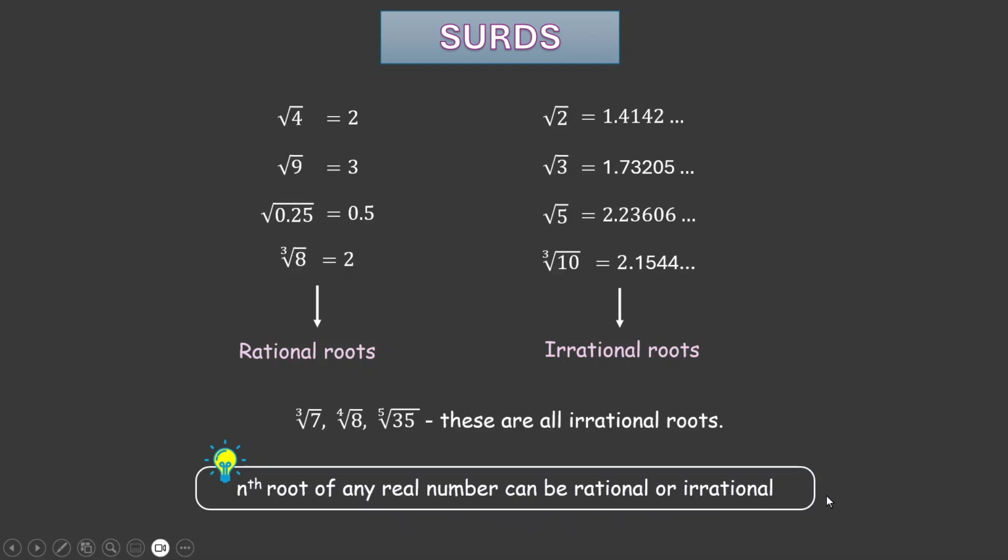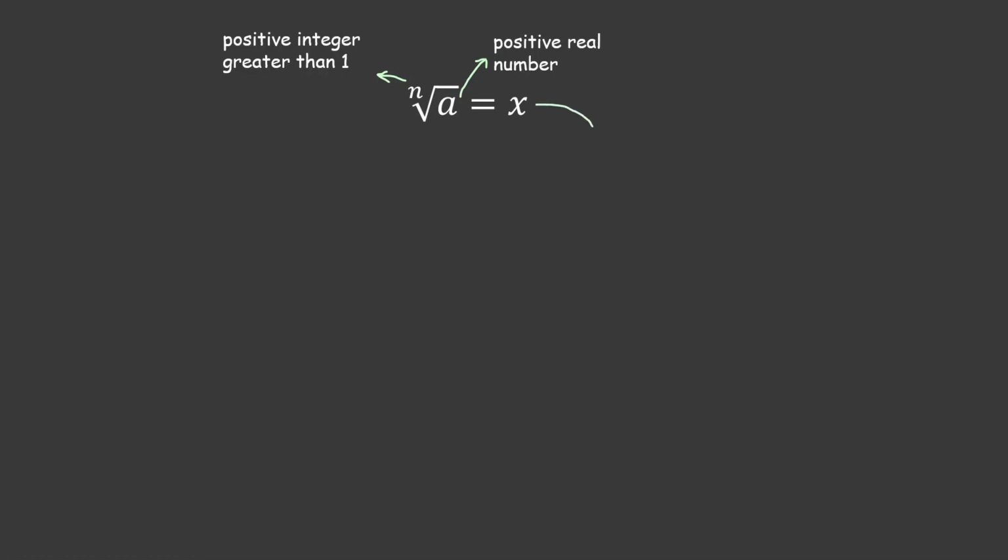Let us now try to understand this in mathematical terms. So if we write that nth root of a is equal to x, where n is a positive integer greater than 1, can be 2, 3, 5, 10, 12, anything, and a is a positive real number, then if nth root of a is x, x can either be rational or irrational.